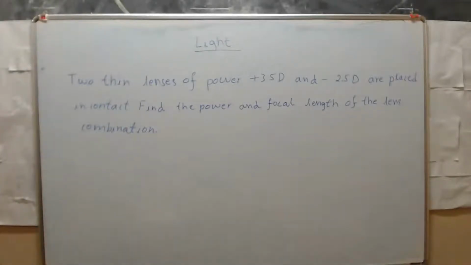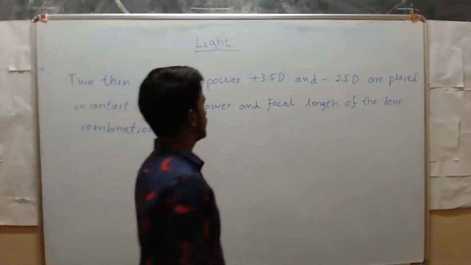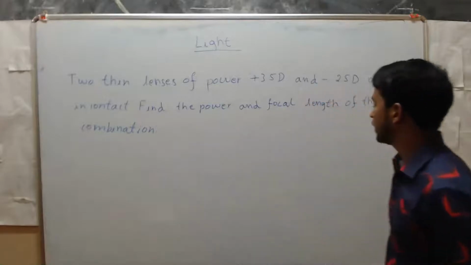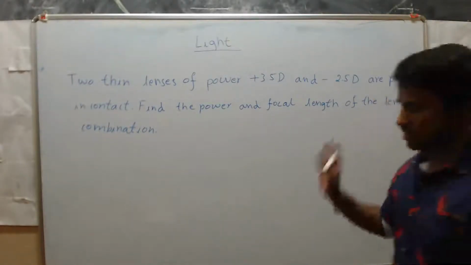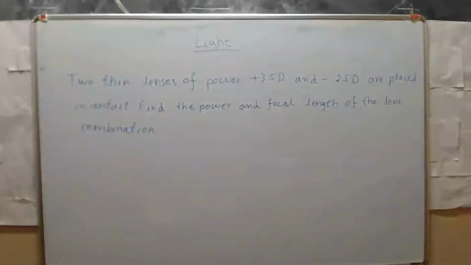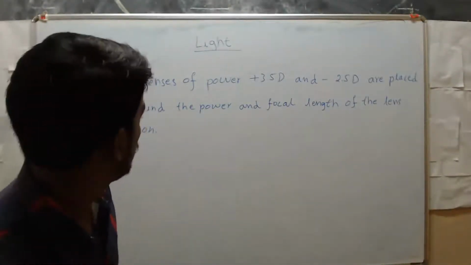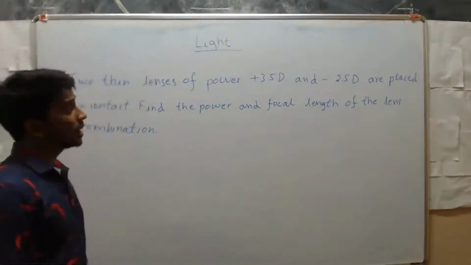See here, two thin lenses of power plus 3.5D and minus 2.5D are placed in contact. Here they have used two lenses, so one is convex and another one is concave.